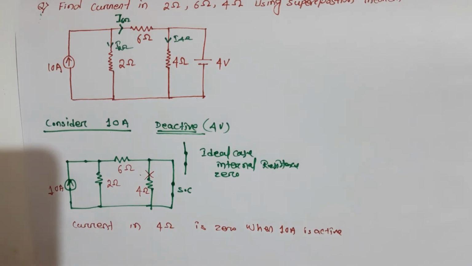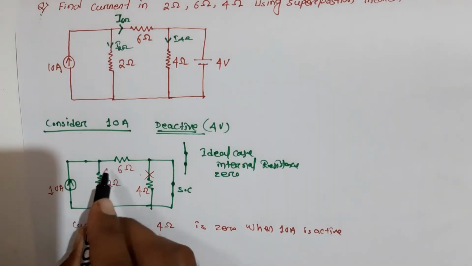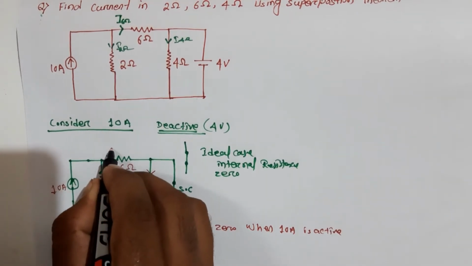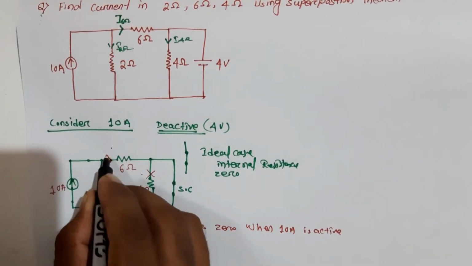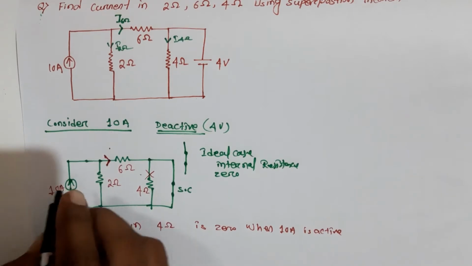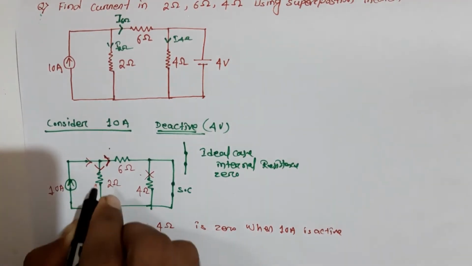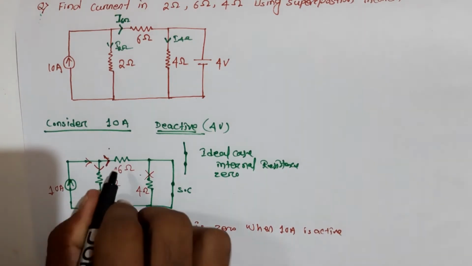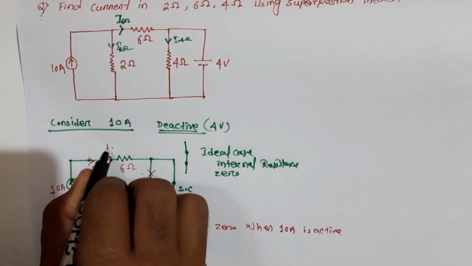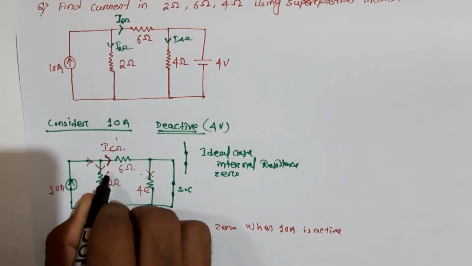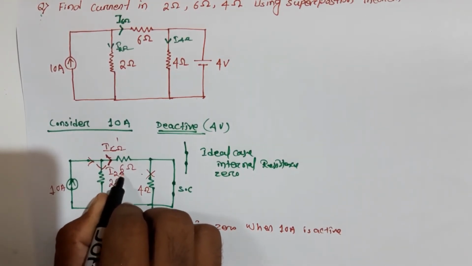Then we need to find the current in the 6 ohm. Because the source is here, the current always flows in this direction, and this one is downward through the 2 ohm. Let this current be I in 6 ohm dash, and this I in 2 ohm dash.